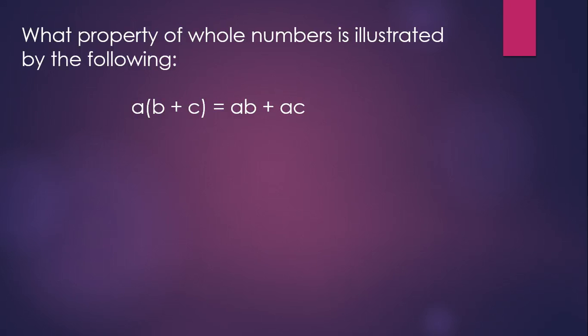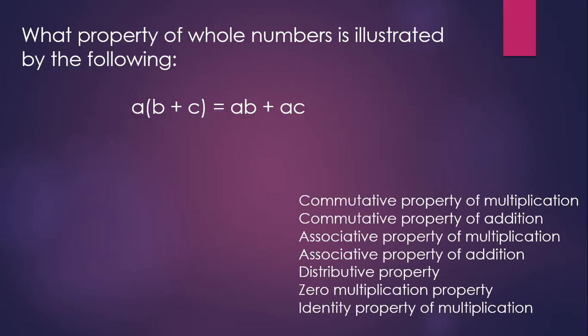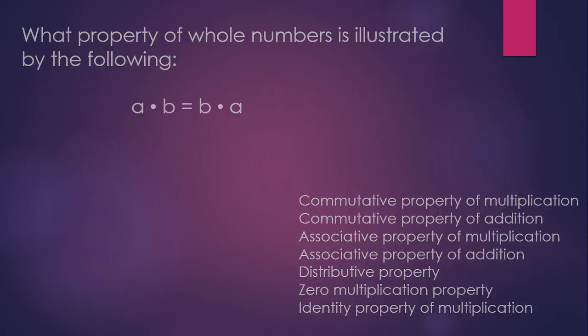What property of whole numbers is illustrated by the following? These are the properties you have to choose from. This is an example of the distributive property. What property of whole numbers is illustrated by this?